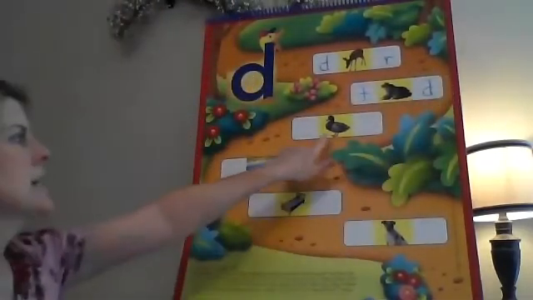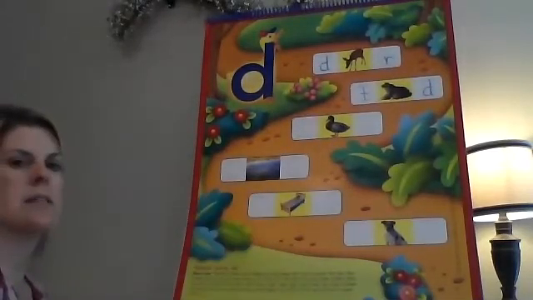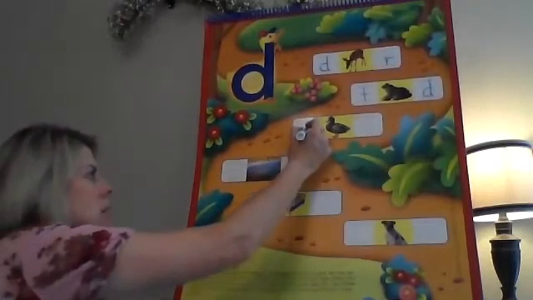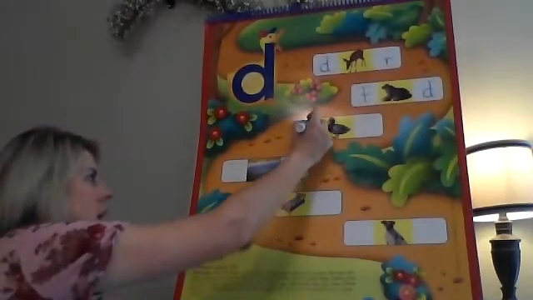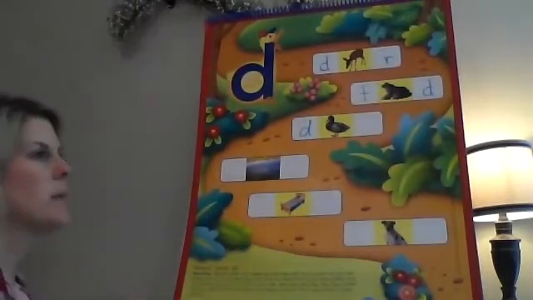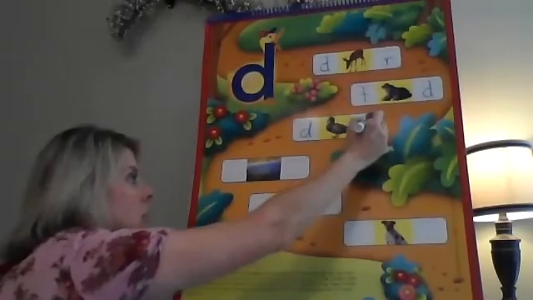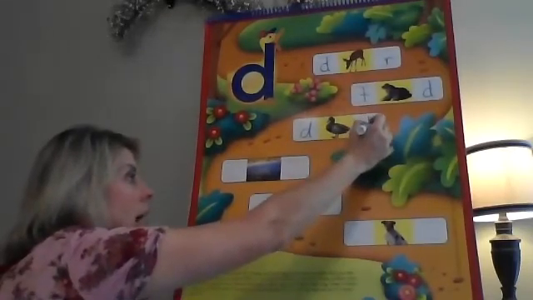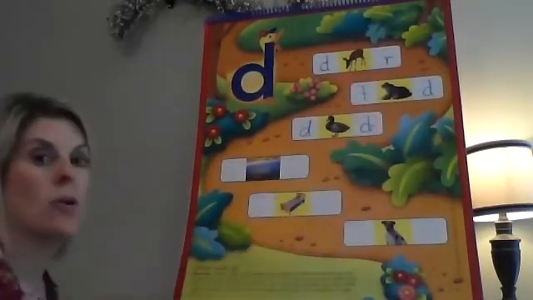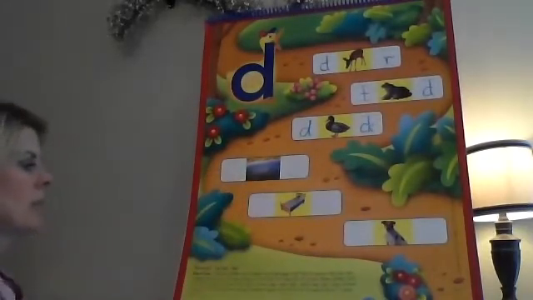What about this one? Duck, duck. Does duck begin with the duh sound? Yes, it does. Does it end with the duh sound? No, it does not end with the duh sound. It actually ends with k, and in this word that is made with a C and a K. Let's look at this one.